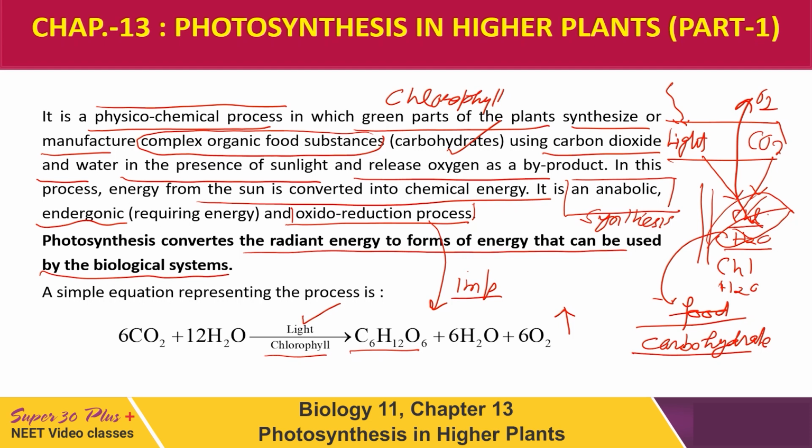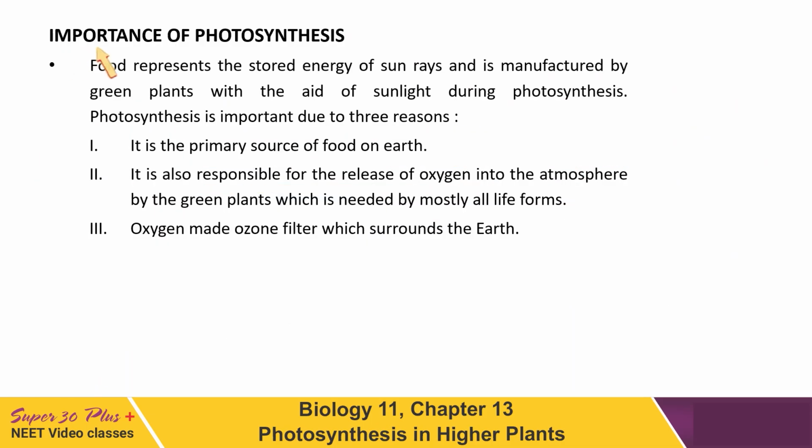Remember here, in this overall process, the carbon dioxide is reduced, and the water is being oxidized. So here we can say that reduction and oxidation take place together. So photosynthesis overall is called an oxidoreduction process. Is it right? Come to the next now.